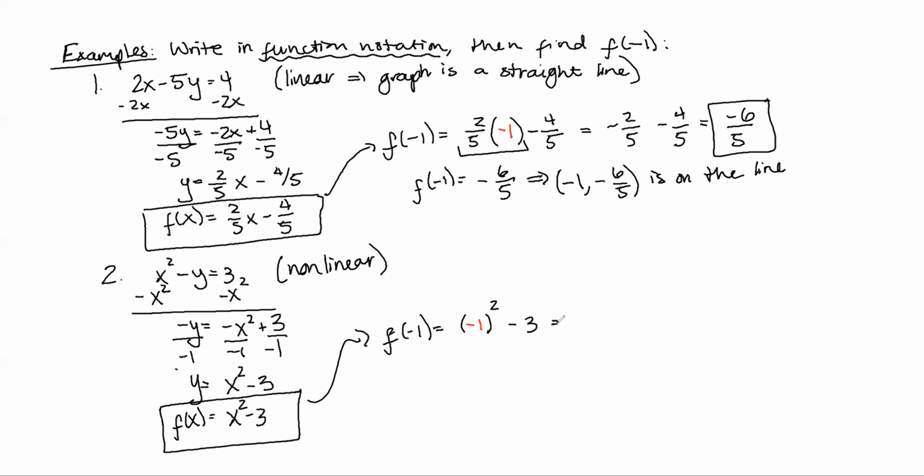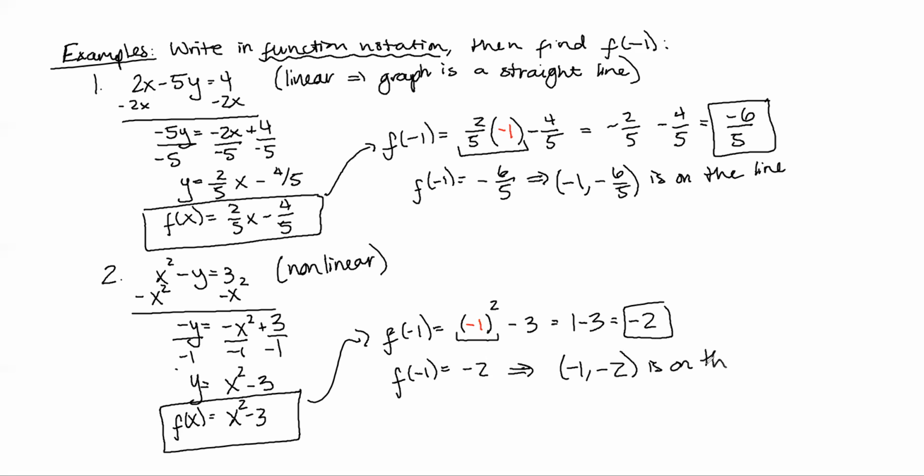So we have negative 1 squared is negative 1 times negative 1, so that's a positive 1 minus 3, which is negative 2. So again, this means f of negative 1 equals negative 2, which tells us that the point negative 1, negative 2 is on the graph, I'll put graph this time because this one's not a line. This one's actually going to be a U-shaped graph.